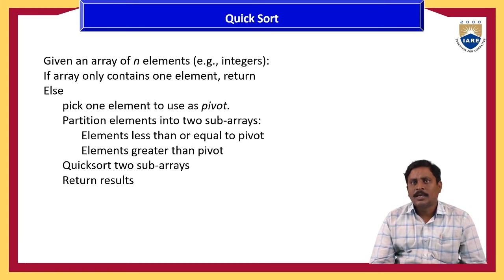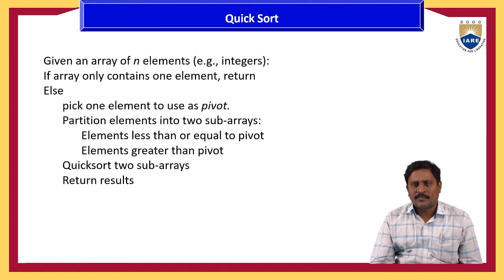Once again, listen. The given n elements we store in an array. Pick one element as pivot element. Partition all these elements into two subarrays. Like this, we partition the given array values into many subarrays, each consisting of only a single element.